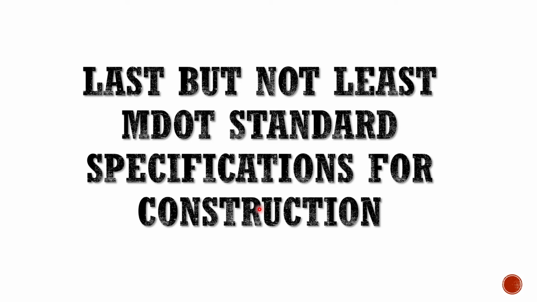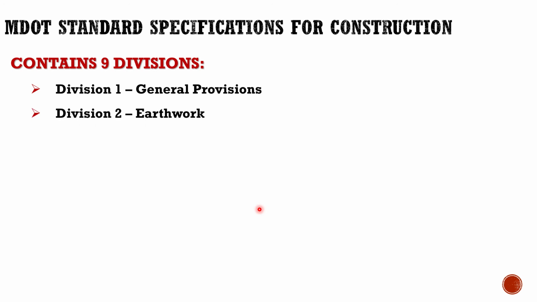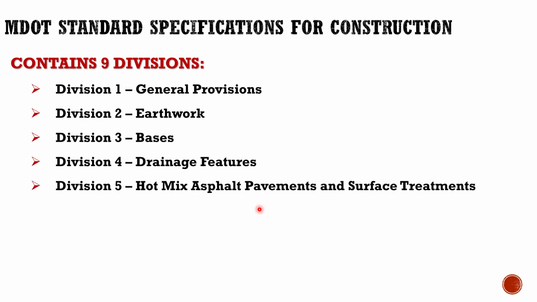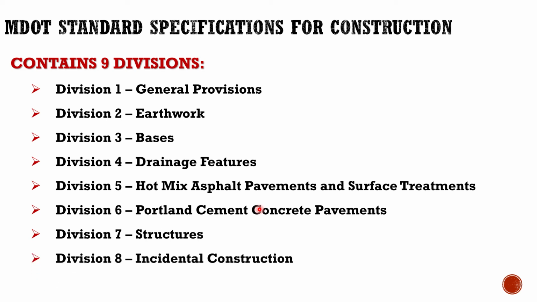Last but not least, we have MDOT. I thought I'd throw MDOT in there because a lot of you may work in Michigan, since it's a neighboring state. So Division 1, Division 2 earthwork, Divisions 3, 4, 5, 6, 7, 8, and 9. Whatever you're doing, you know where to look and follow it.